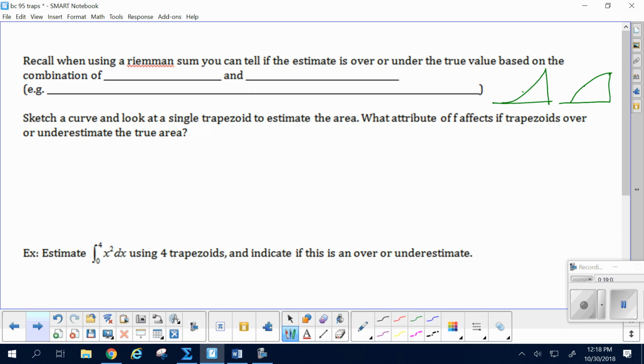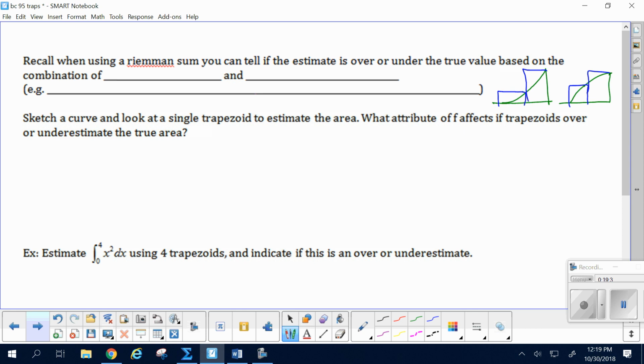And if I use right-hand rectangles here, do I get an over or underestimate? Over. And here? Over. So can we agree that it's not about concavity, it's about slope, increasing versus decreasing? If it's increasing, what will be greater, the right side or the left side? The right side. And therefore, if it's increasing and you use right, you'll get an overestimate.